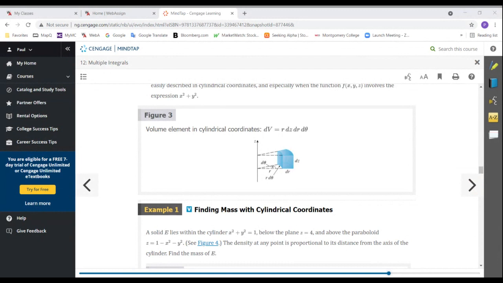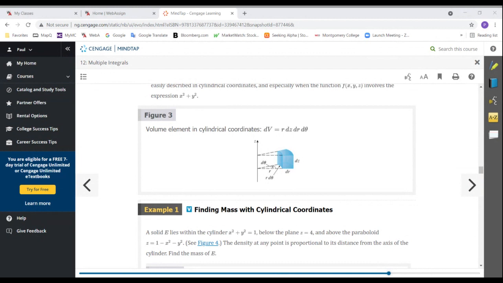Now, why is that? I always like to think in terms of base times width times height. Here the width is dr and the height is dz. It's not an exact box, but it's a volume element.